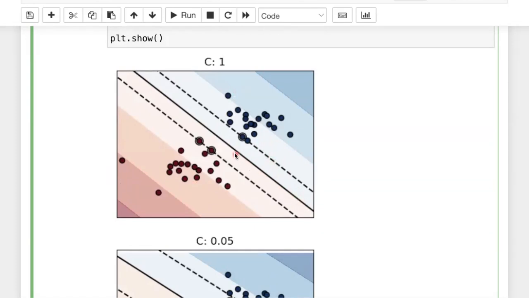So this line here that you can see, this solid line, is our decision boundary. So that's the line W transpose X plus B equals 0. And then we have those two parallel lines, W transpose X plus B equals 1 and -1. Those are these dotted lines that you can see.